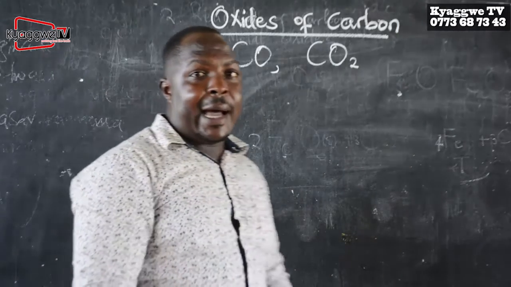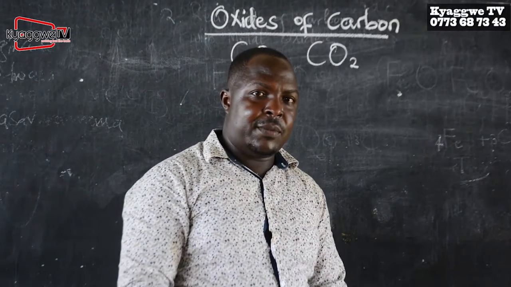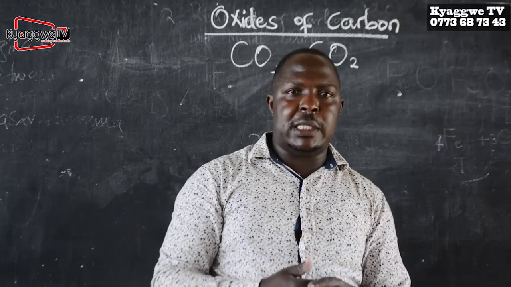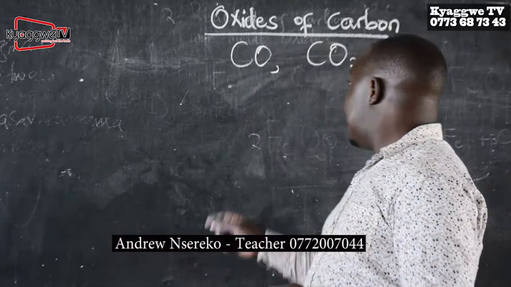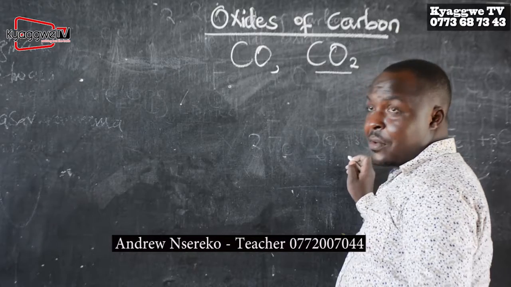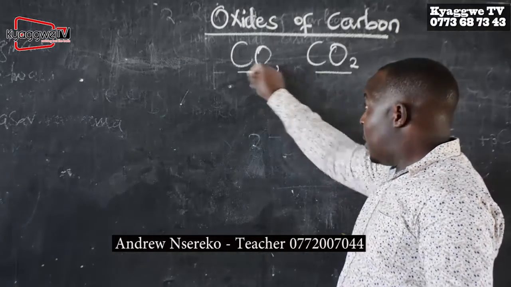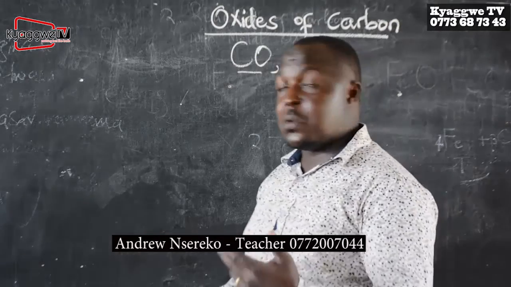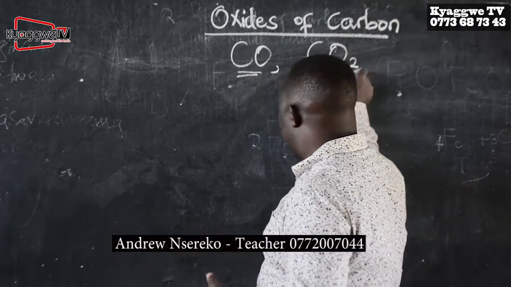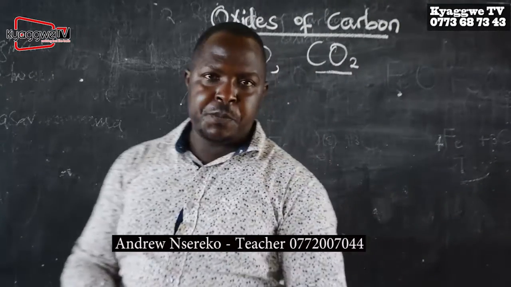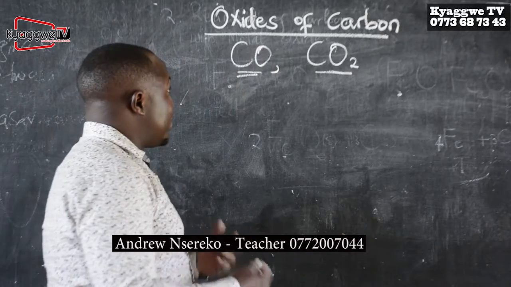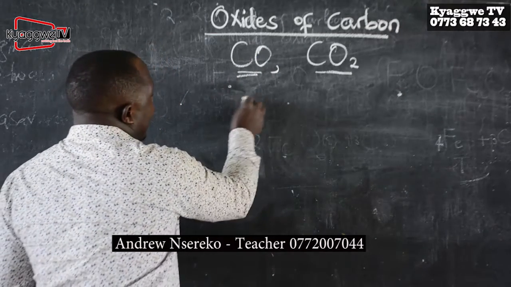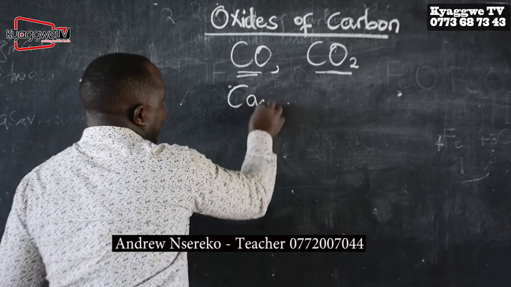Both oxides are gases. However, from the classification of oxides that you did in Senior 2, you learned that carbon dioxide is an acidic oxide and carbon monoxide is a neutral oxide. Today we shall put our attention on carbon dioxide.